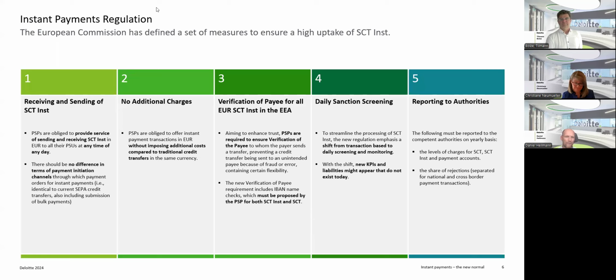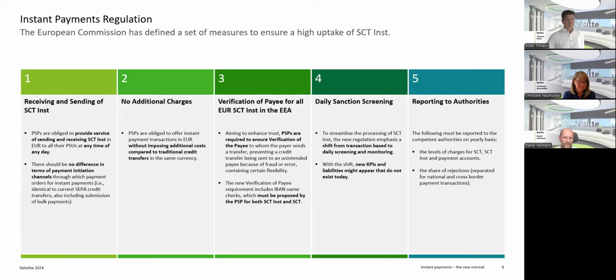Or when a short list of payees you frequently pay to is set up in the online banking in a way that does not match the bank account holder name. So this is a topic that needs to be treated to have good data quality in order to make the verification of payee function work. And what's also a topic that we see is that the verification of payee function needs to be implemented in a way that it's not clicked away by the payment service user because he thinks it's a hassle or it's annoying.